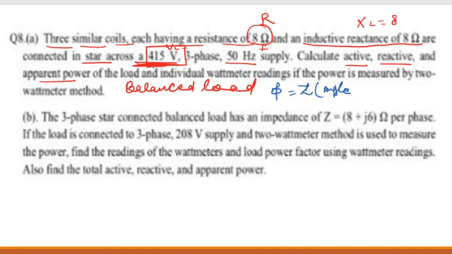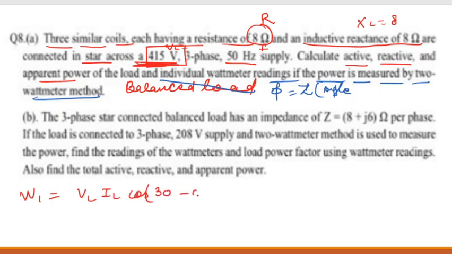Now the next thing, in this question they said individual wattmeter readings if the power is measured by the 2 wattmeter method. So we have the formula W1 is VL IL cos of 30 minus phi, and W2 is VL IL cos of 30 plus phi.